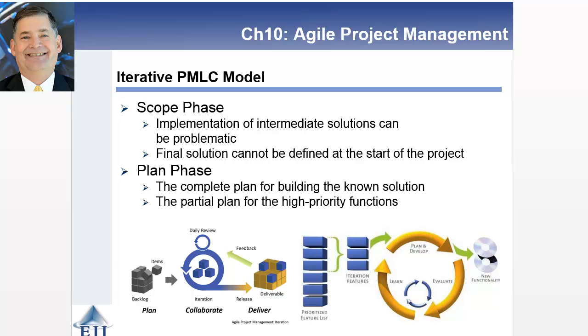What you can do is define components of it that you do know, and in the case of iterative, it should be most of it. But there are other pieces you're just going to have to learn as you're working through the project. Selling this to senior management can sometimes be challenging because their expectation is a more traditional approach. But again, 70% of all projects are actually agile, not traditional. That learning will take place.